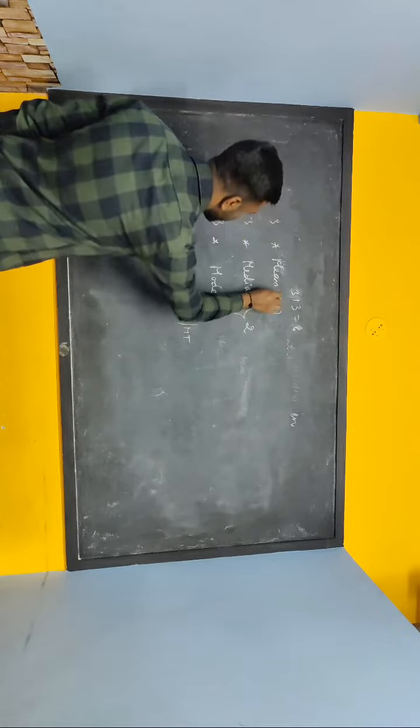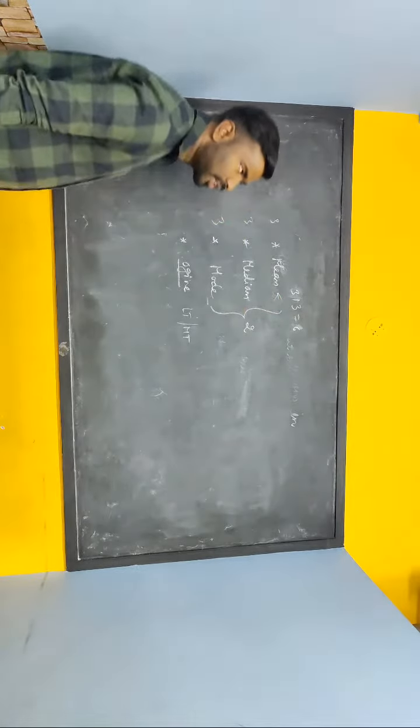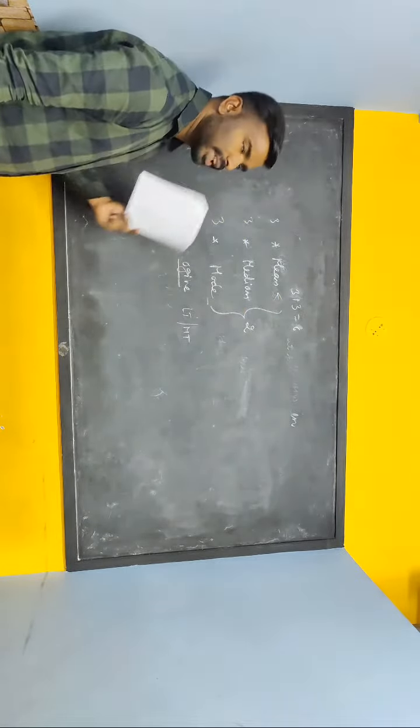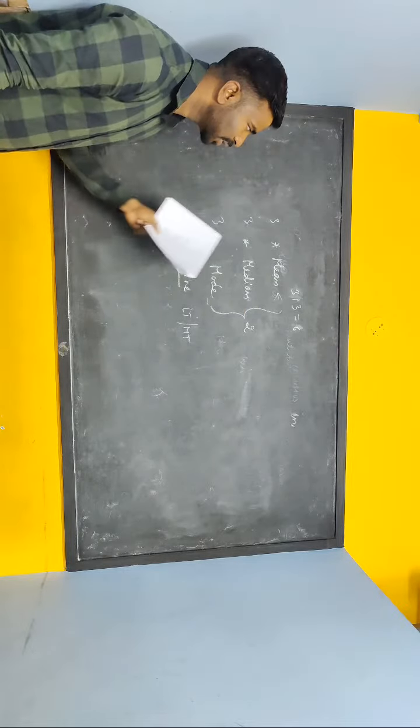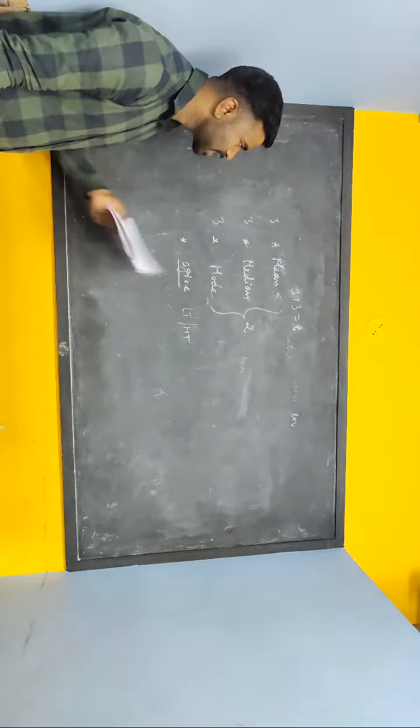Mean has 3 methods, so by any of the 3 methods you can find the mean. In the examination, you can use any method to find the mean unless it is specified.